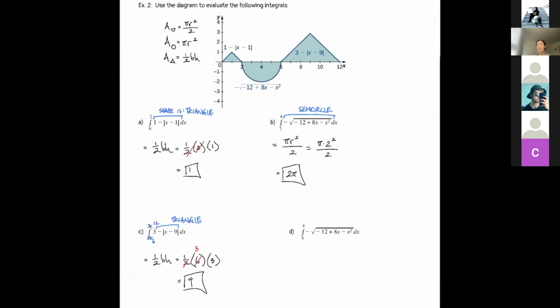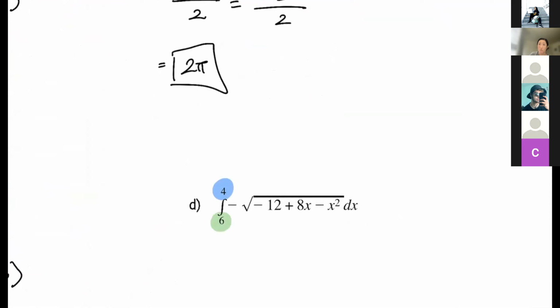So in looking at D, here are a few things. We are starting at 6. And we are going from 6 to 4. Okay.